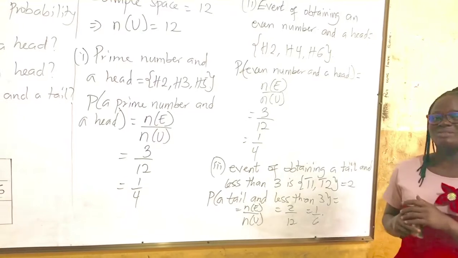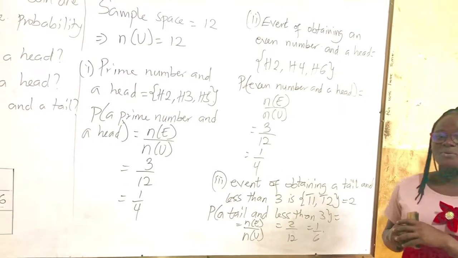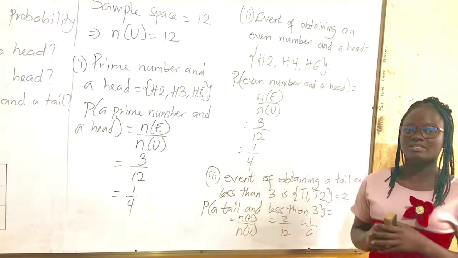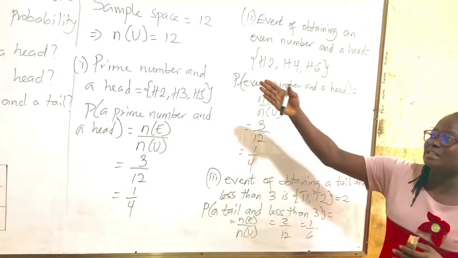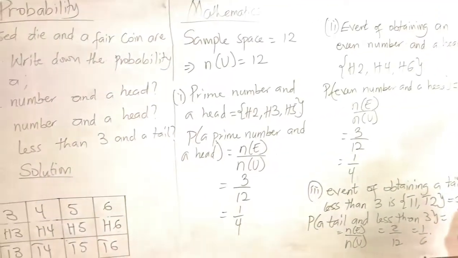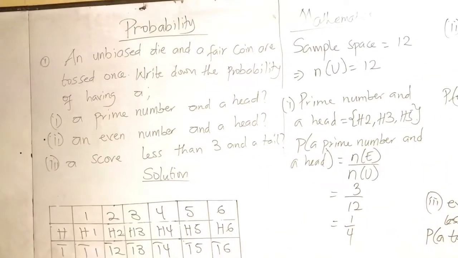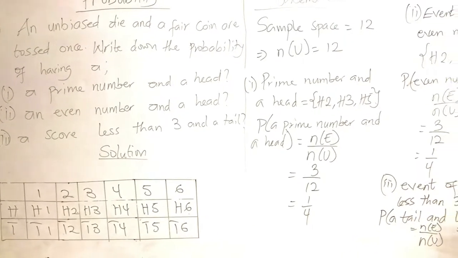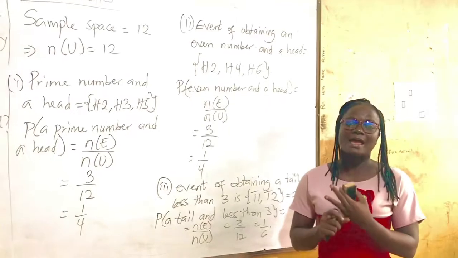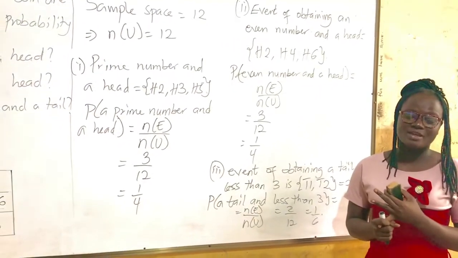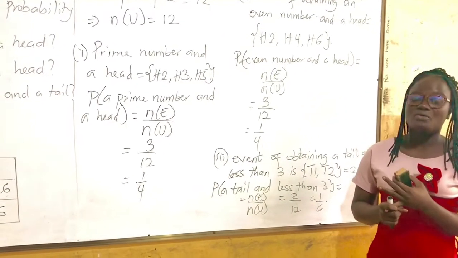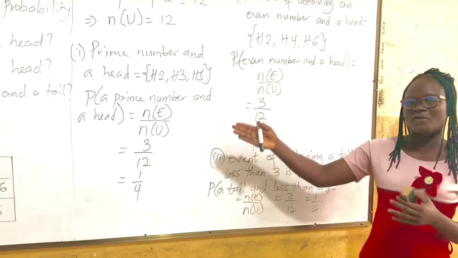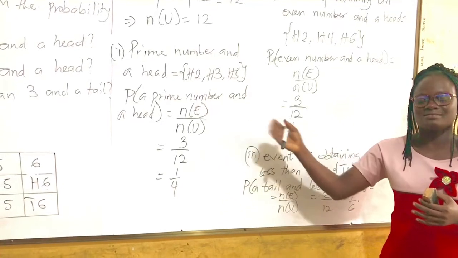I believe you have understood probability now. Whenever you are given a probability question involving this type, in this case, our question was an unbiased coin and a fair die thrown once. So when a coin is being thrown, we are going to get a head and a tail. And when a die is being thrown, we are also going to get 1, 2, 3, 4, 5, and 6.